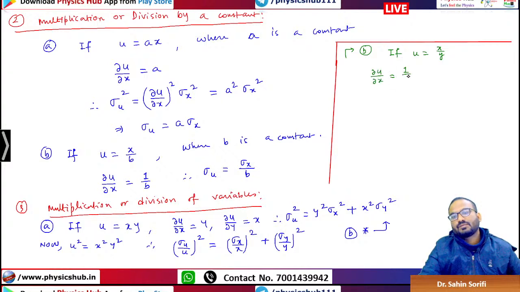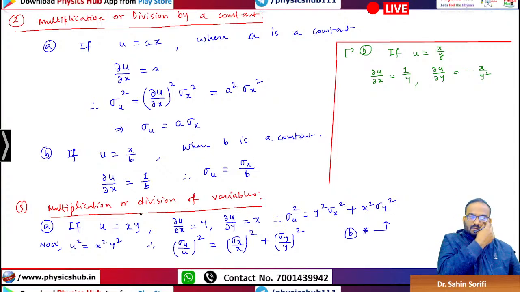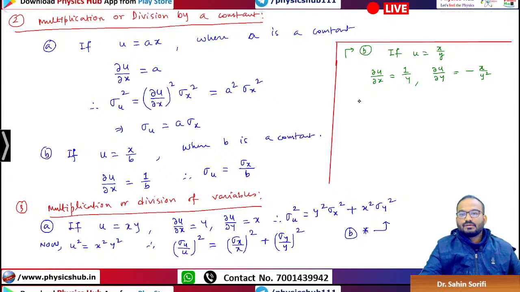It will be 1 upon y. What will be del u by del y? Minus x upon y square. Clear? So, what is sigma u square? Del u by del x square, so 1 by y square into sigma x square plus del u by del y whole square, so minus x by y square whole square sigma y square.